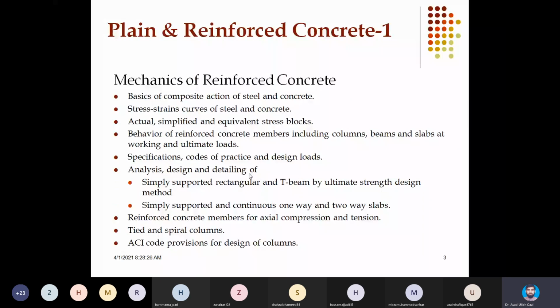I will discuss here more about mechanics of reinforced concrete. So reinforced concrete is a composite material. It is a composite of steel and concrete.